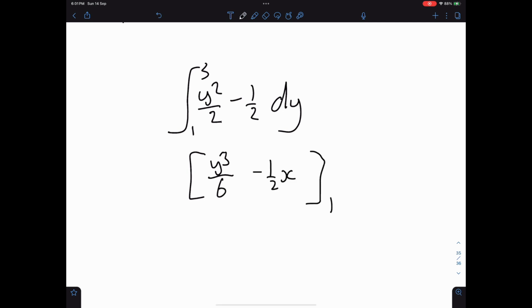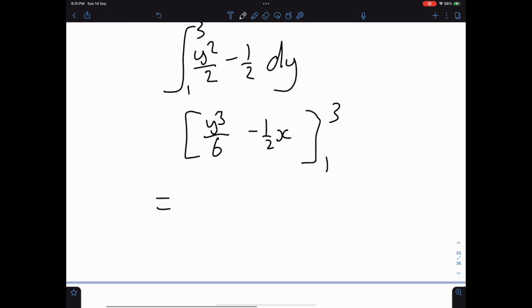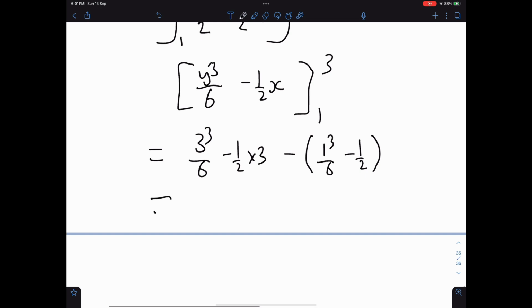We're doing our reverse power rule. And then that would give us, okay, so it's 27 over 6 minus 3 halves minus 1/6 minus half, so that's plus a third.